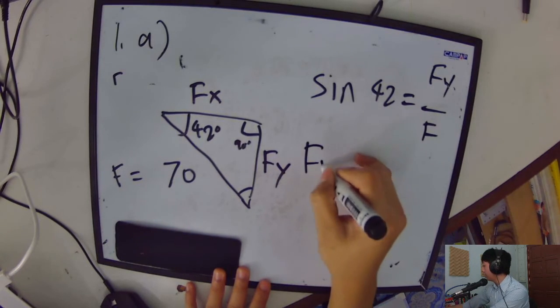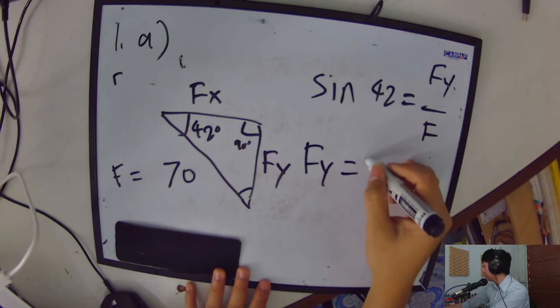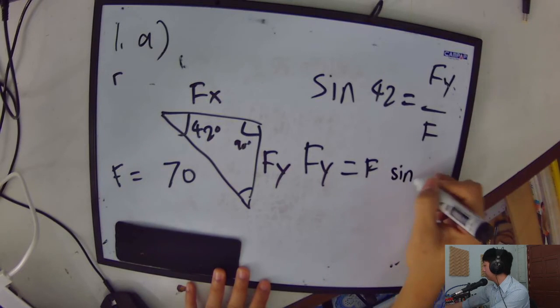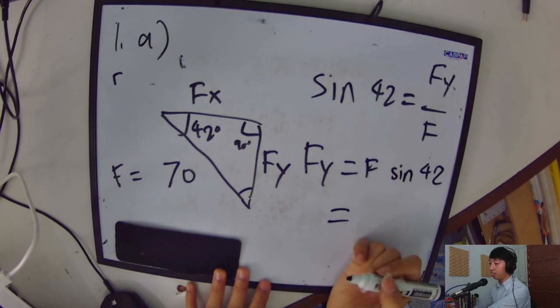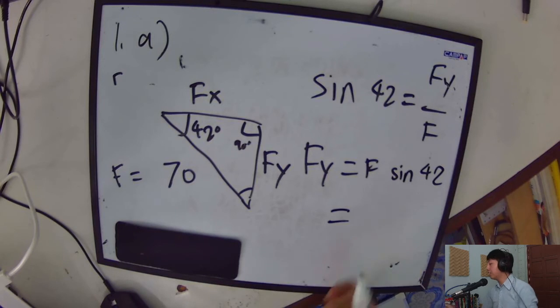And so Fy equals F sin 42, and then you get your answer. You'll still get the same answer eventually.